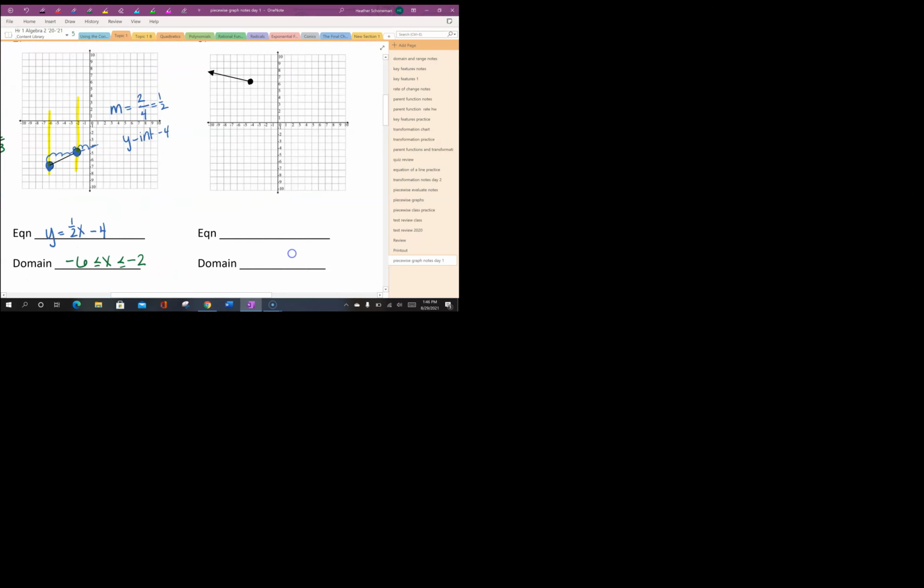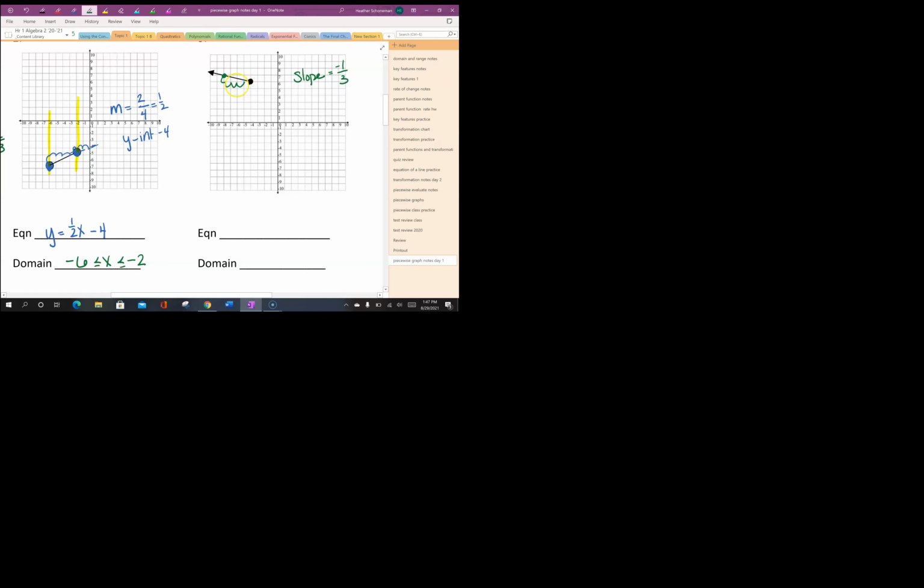Okay, let's try this on number 3. So for the equation, first we have to find the slope. Now what gets tricky is we don't have 2 points, but we can figure this out. Doesn't it go through this cross mark there? Yeah, so we can find the slope. When we do that, we're going to go down 1, so that's -1, and then right 3, so the slope is going to be -1/3.